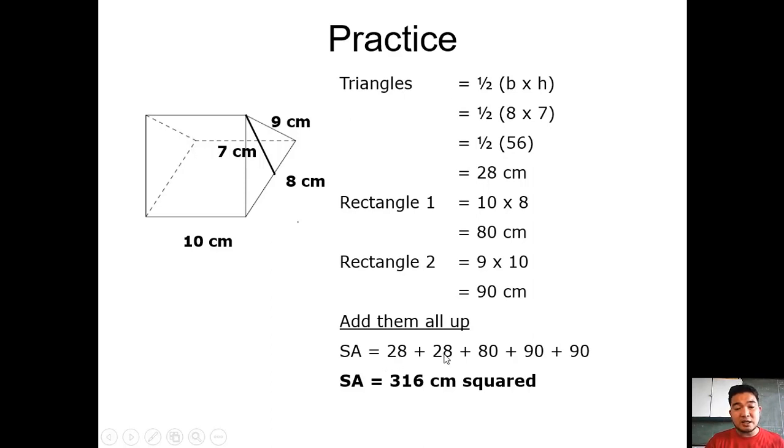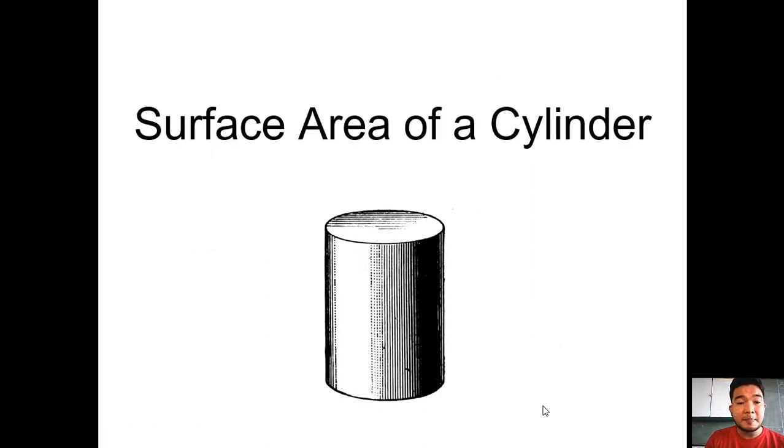So you will have 28 plus 28 plus 80 plus 90 plus 90. The surface area now is 300 square centimeters. Okay. So that is how we solve for the surface area of the rectangular prism and the triangular prism.